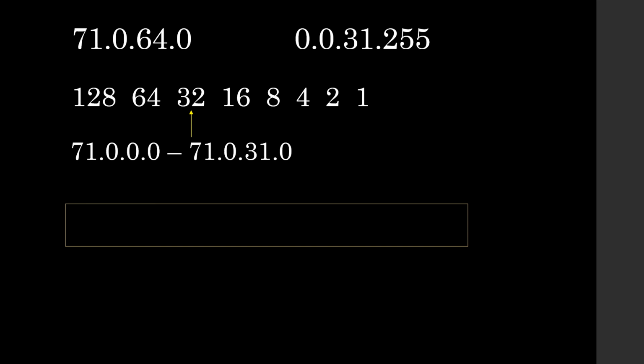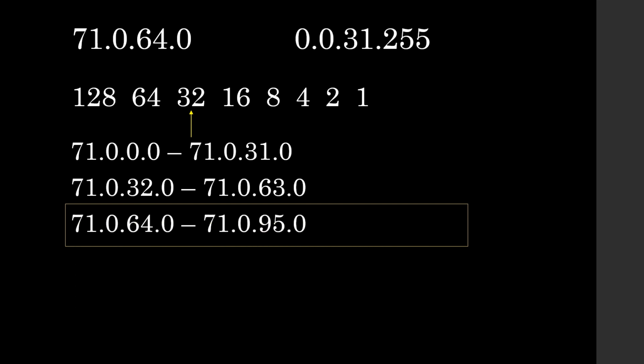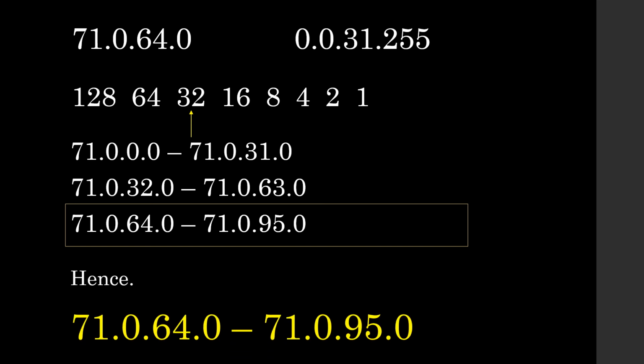So we have a first range of 71.0.0.0 up to 71.0.31.255, and then 32 to 63, and 64 to 95. As you can see, the third range is where our example 71.0.64.0 belongs. Hence, that is our answer: 71.0.64.0 to 71.0.95. And that is all.